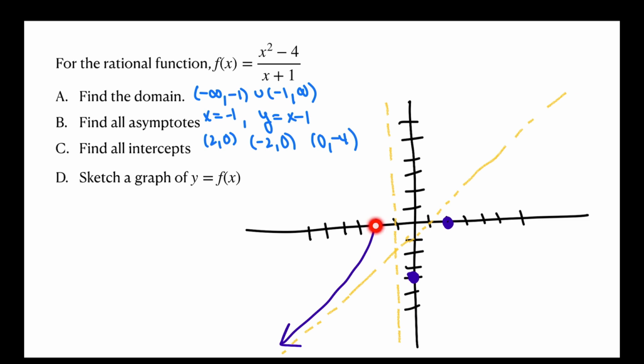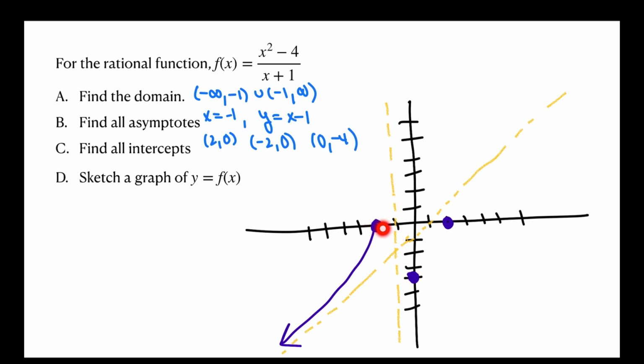So starting at that leftmost intercept, as I go to the left, the graph has to approach that asymptote. That asymptote is describing my end behavior. So as we go to the left, our function has to approach that slanted asymptote.